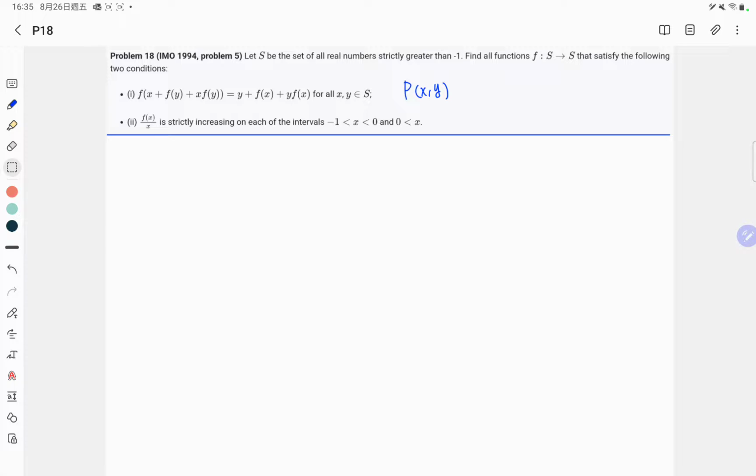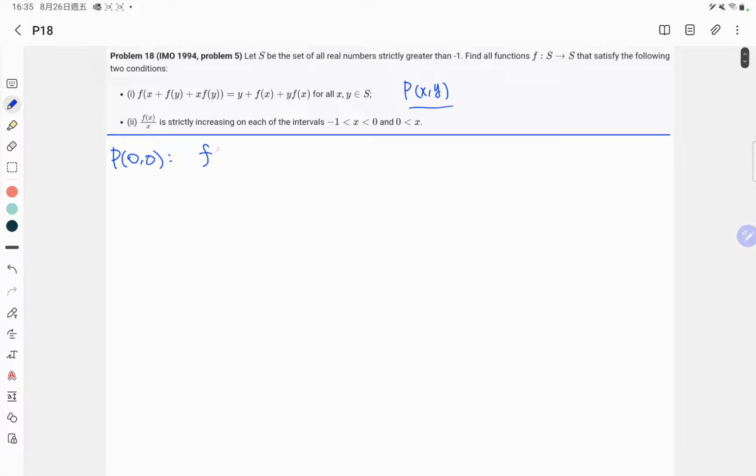Okay, so let's see whether we can find some interesting property here. The original functional equation, let's call it P(x, y). Let's plug in some values to see whether we can get something. Let's put x and y to be 0, which means we have P(0, 0).